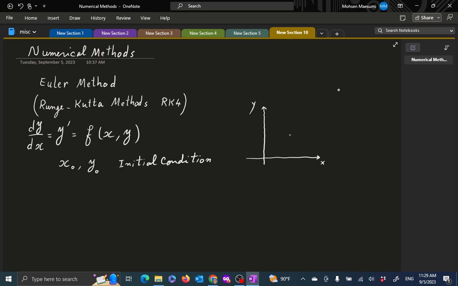What that number represents is a slope. Slope means at what rate the function is going to ascend or descend at that point. So what we are going to do in the Euler method is just take a clue from this and just travel in that direction. So this is telling us at what slope the function is going to move, and we are just going to move accordingly.